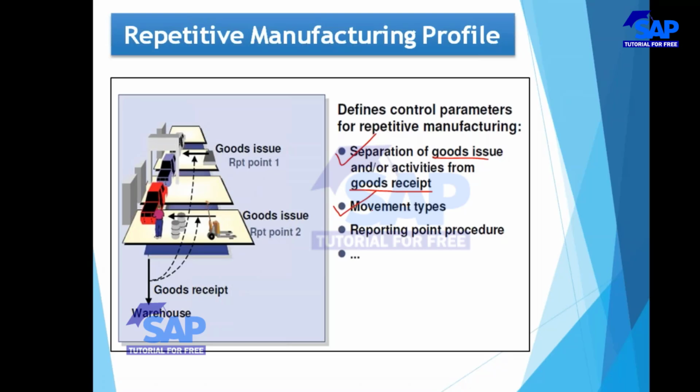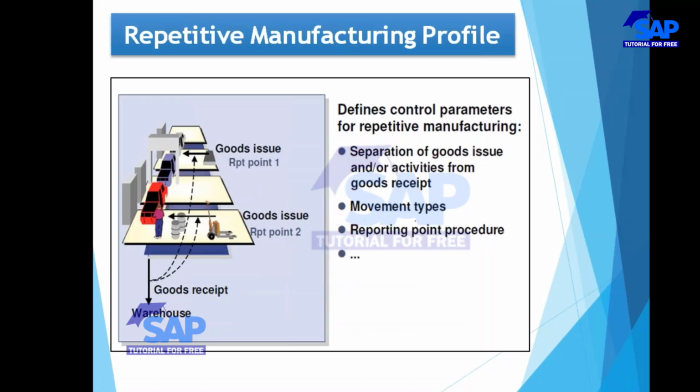What movement types you are going to use during GR and your goods issue, and then whether you want to do confirmation, milestone confirmation kind of thing, which is called reporting point procedure. So these kind of control parameters you will be maintaining in the repetitive manufacturing profile. Okay, so once we complete the flow, when we go to configuration, I will show what are the settings available in the repetitive manufacturing profile.